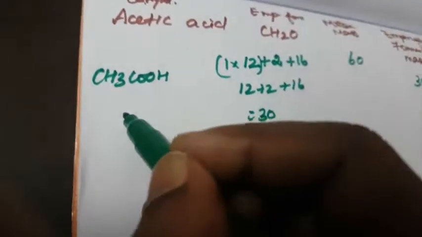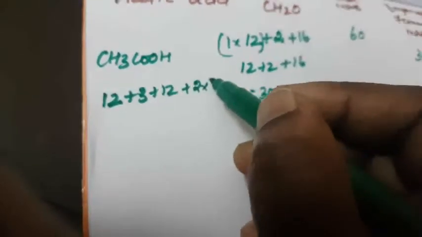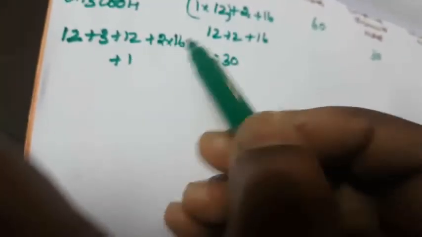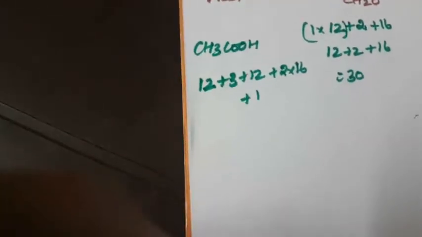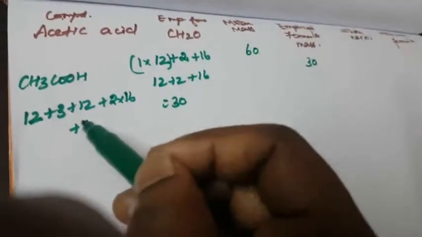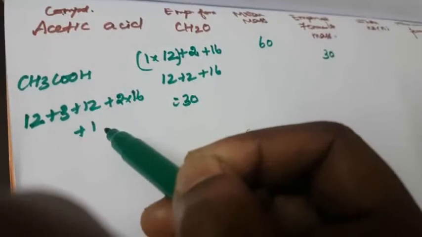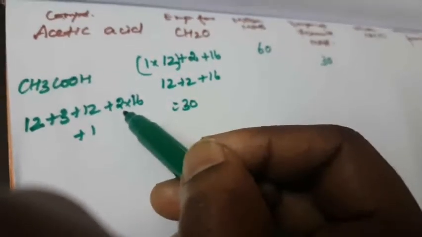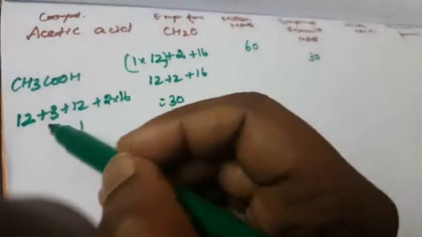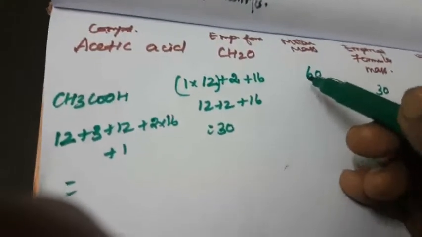You can calculate it again and 60 will come: 12 plus 3 plus 12 plus 2 into 16 plus 1, which gives 60. These are all given values.